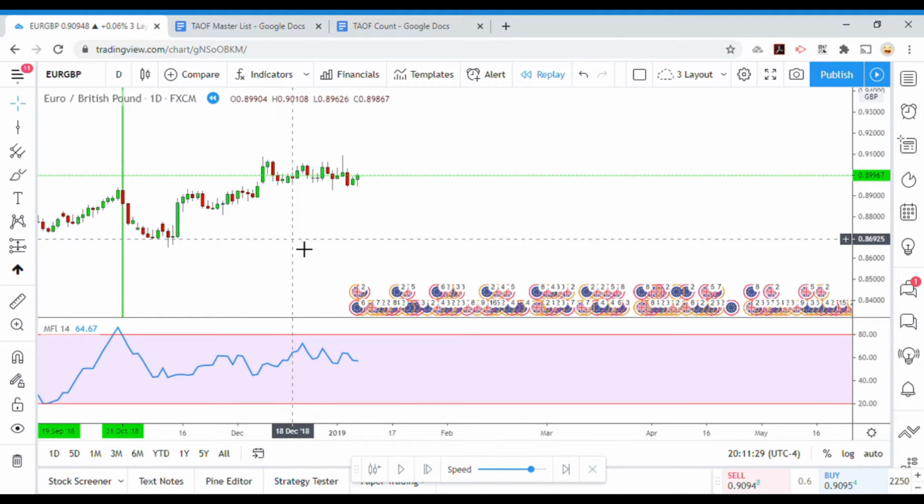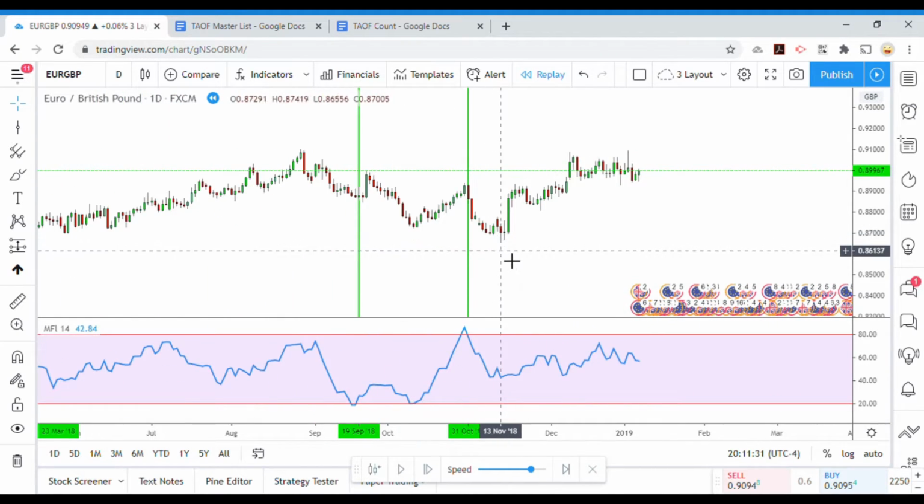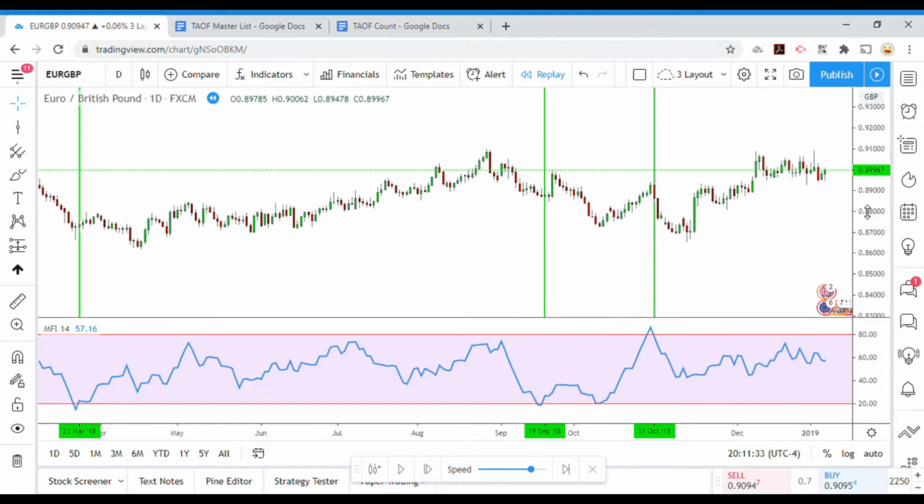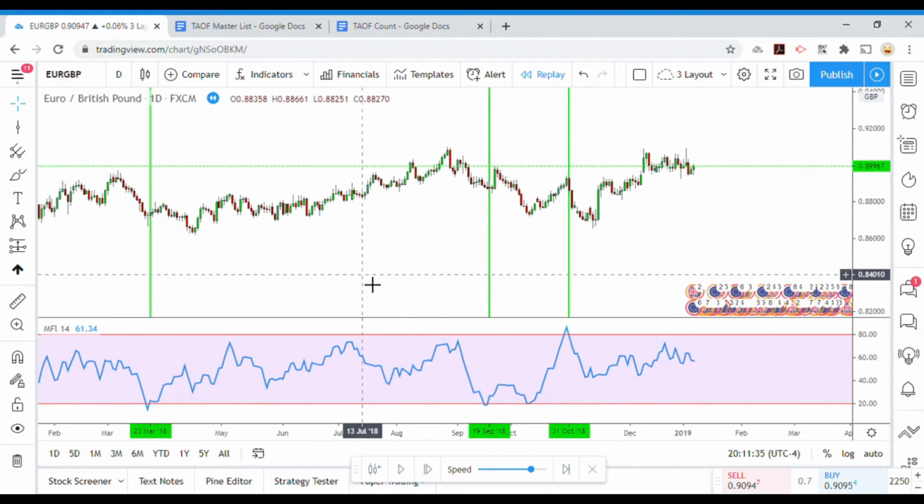All right, so we are at the end of the year now, and look at that. We have 3 trades and we have 3 winners. That is a 100% win rate. So far, the best indicator that we have tested.